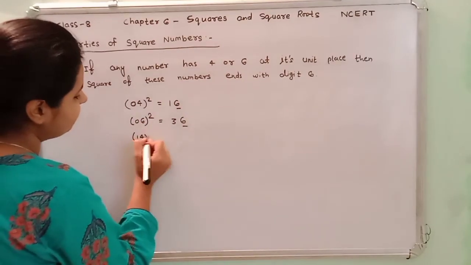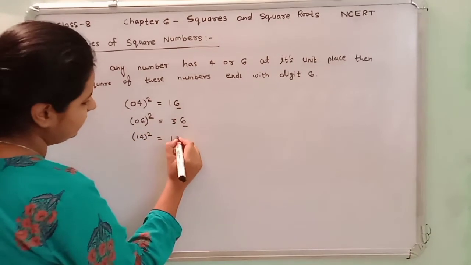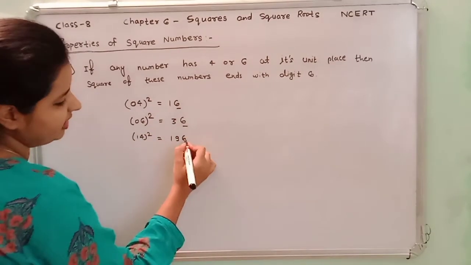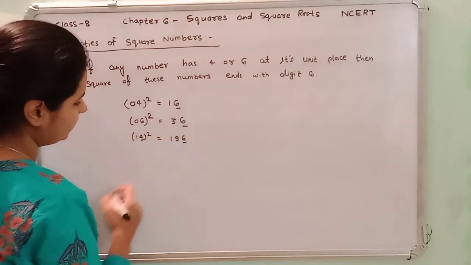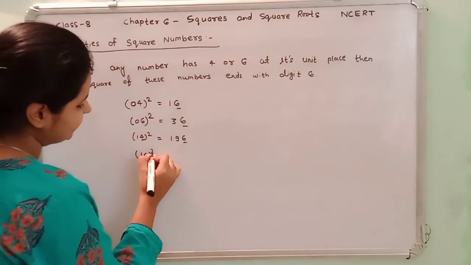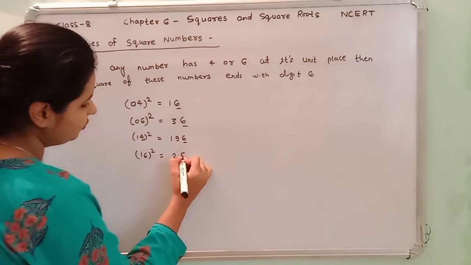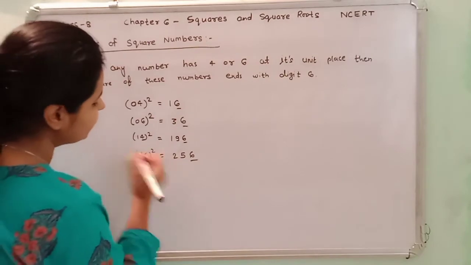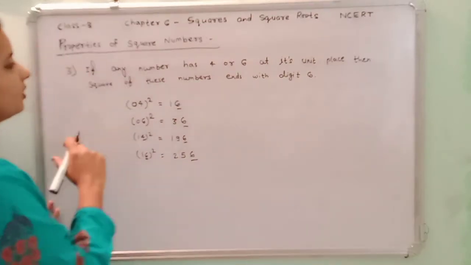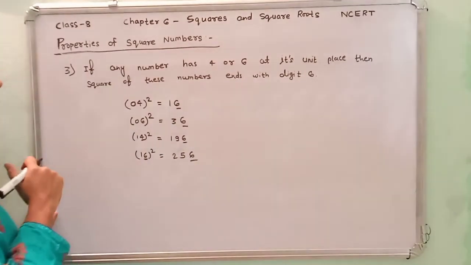Now square of 14, this will be 196. Square number ends with 6 and here was the unit place number 4. Now square of 16, this will be 256. Square number ends with 6 and here was the unit place number 6. So note down in your notebook, and I think you understood.